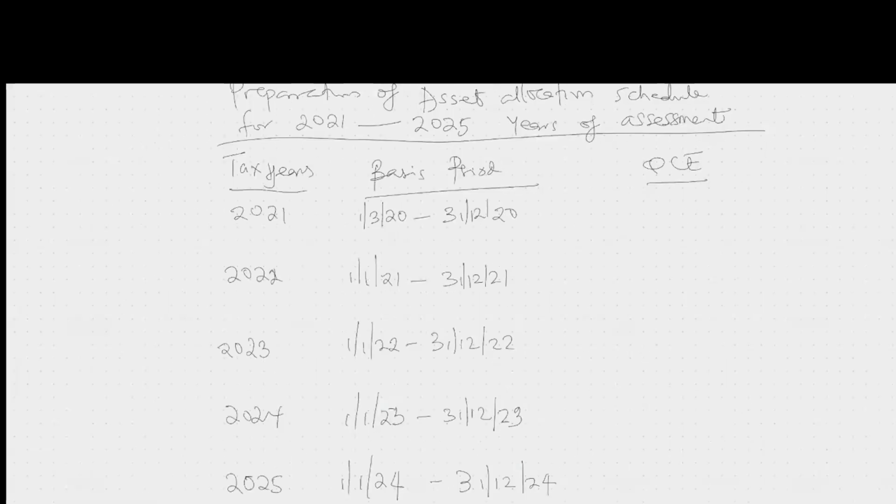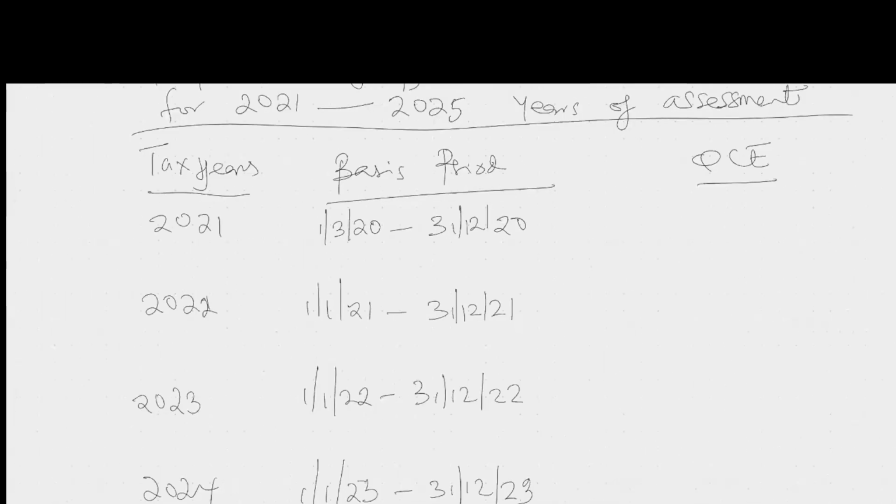I think it's April 5. So if you look at your basis period, where would that fall? It falls in the 2021 tax year. Thank you. So I'll bring that asset there. Factory building.